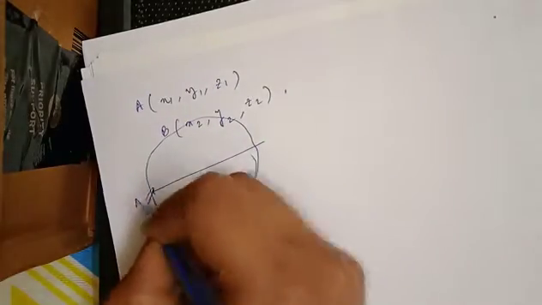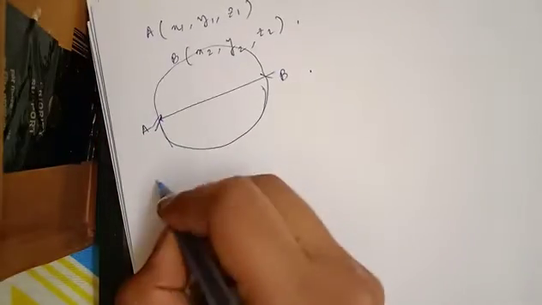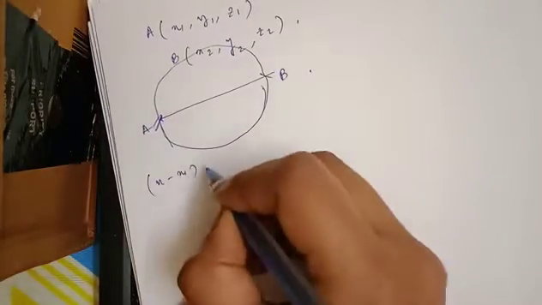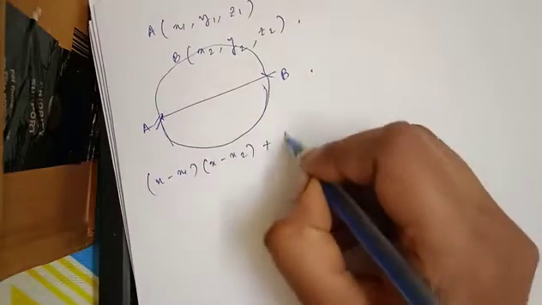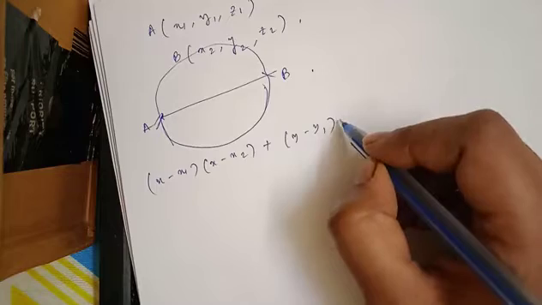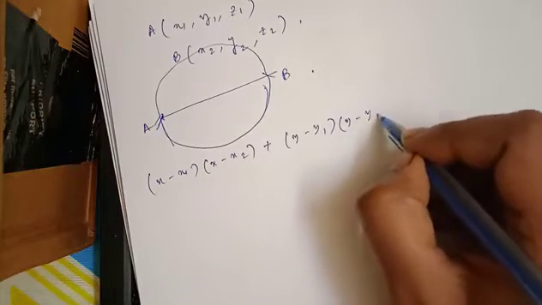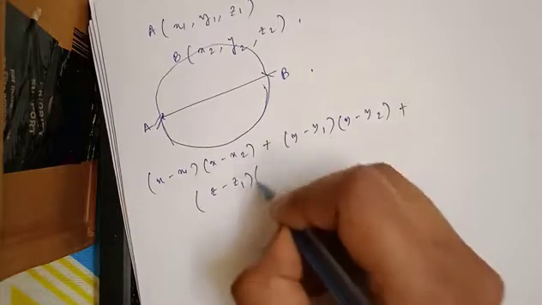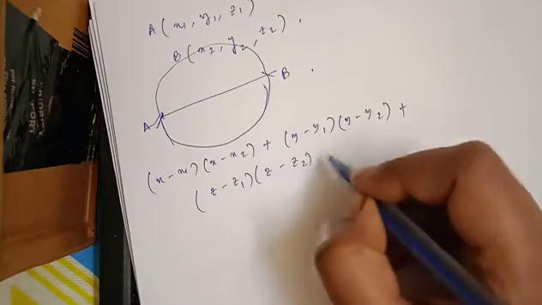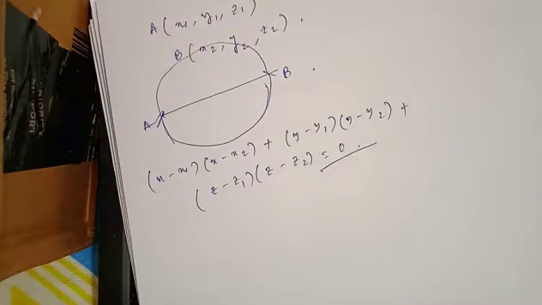This point is A and this point is B. Then what will be the equation of the sphere? The equation will be (x minus x1) into (x minus x2) plus (y minus y1) into (y minus y2) plus (z minus z1) into (z minus z2) equals to 0. This will be the equation of the sphere.